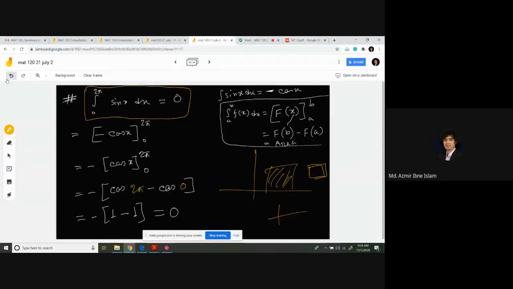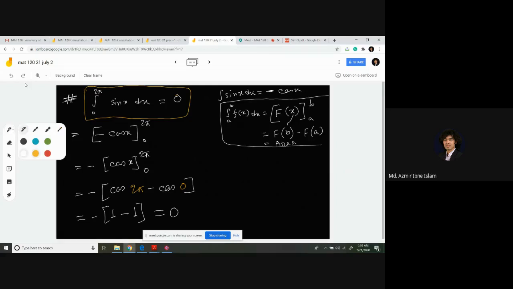Yes, sir. So next, why are we getting 0? We have done the mathematical part, but we have to understand from the geometrical concept. Otherwise, we will not understand why our result is finally 0. So let's draw the function sine x. This is our function, right? So y equals sine x.